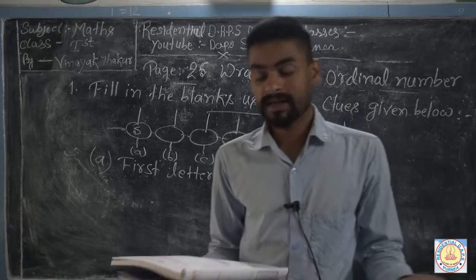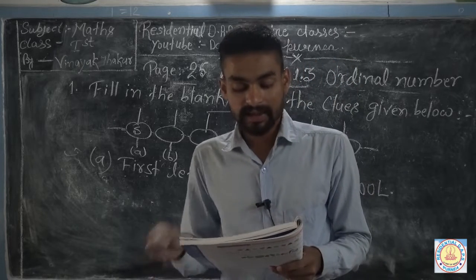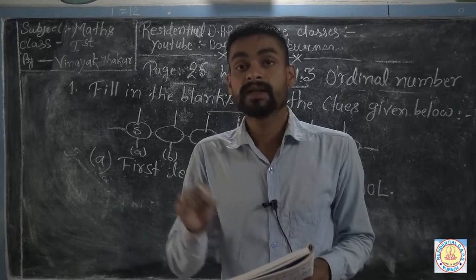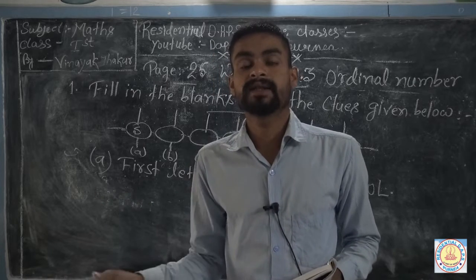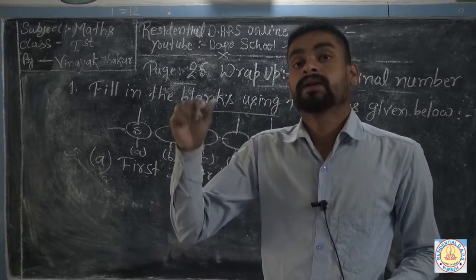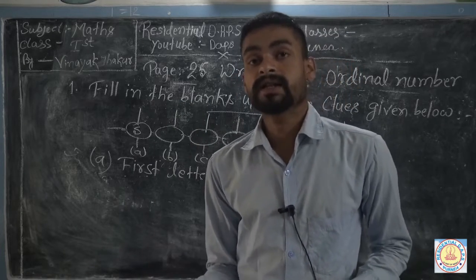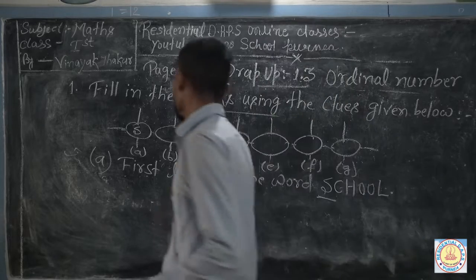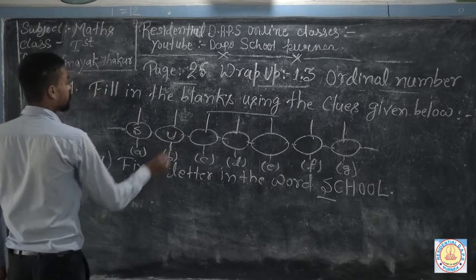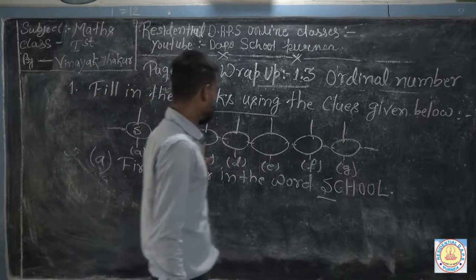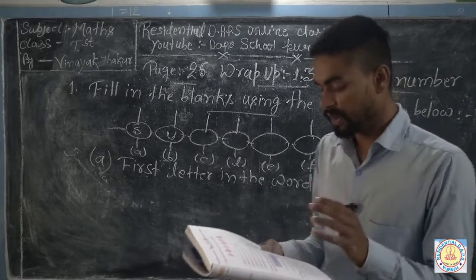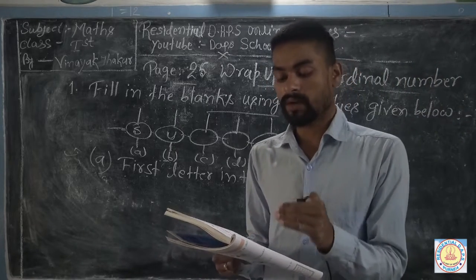You can find easily the third letter of Thursday. T-H-U-R-S-D-A-Y. In Thursday, the third letter is U, so you can put U in the second box easily. You have to fill all the boxes, all the questions of wrap up.